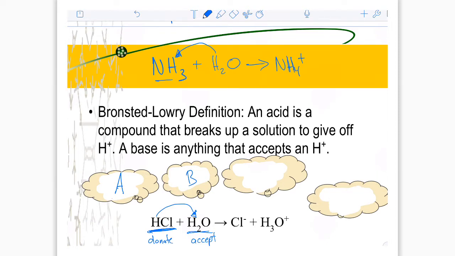And then what's left over? If the water loses an H, what's left over? OH-. Now do you see it? Do you see all of a sudden that OH that it's supposed to be donating for Arrhenius? It's made visible. We can see that it's accepting a hydrogen. So now here, this would be the acid because it's donating, and this one would be the base.